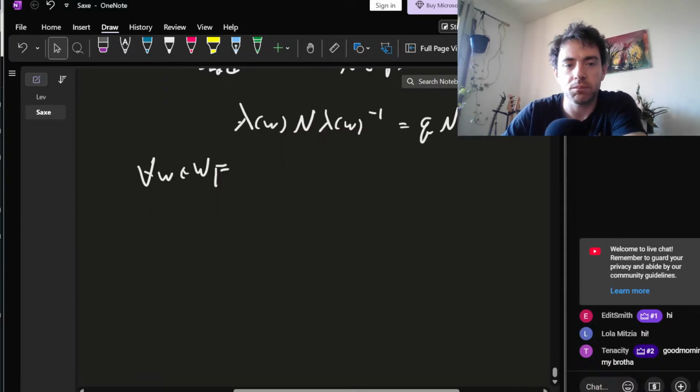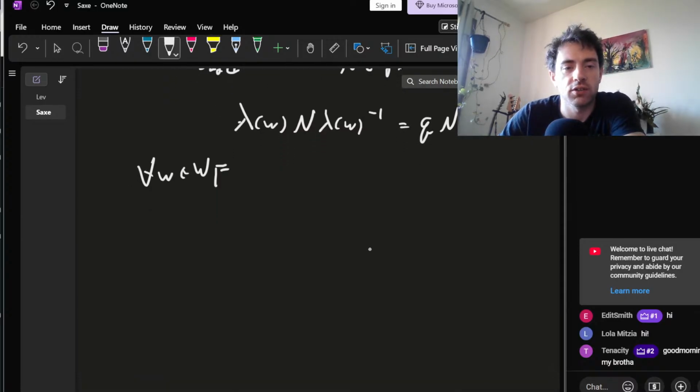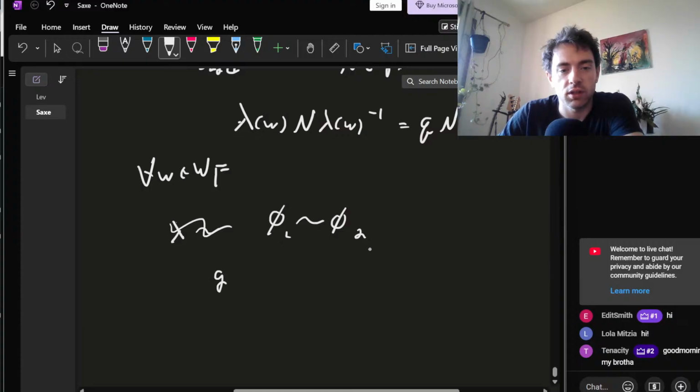Well, it turns out that here's what we do. Basically, two infinitesimal parameters, or really two Langlands parameters, will be said to be equivalent if there's an element g that conjugates so that the images are conjugate.